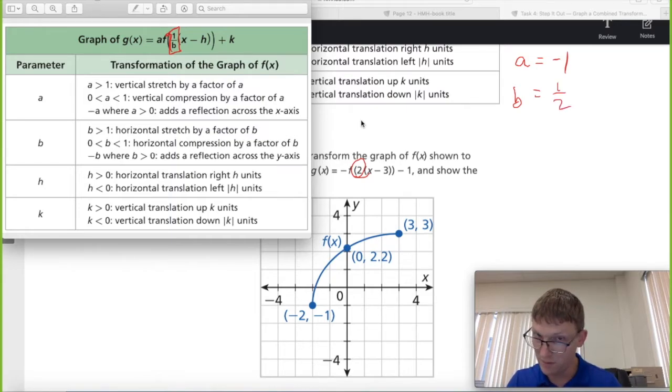Does that make sense? So think about it. If we do some algebra here, 1 over b equals 2. Okay, so then we're going to multiply both sides by b and divide by 2. So then b is going to be equal to 1/2. So don't let this part confuse you. Make sure you're watching for that.